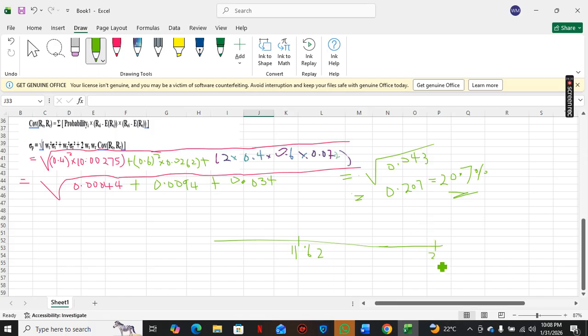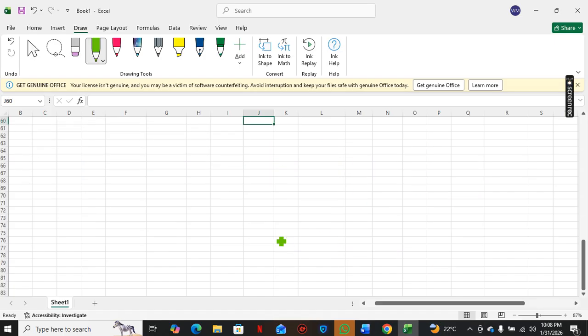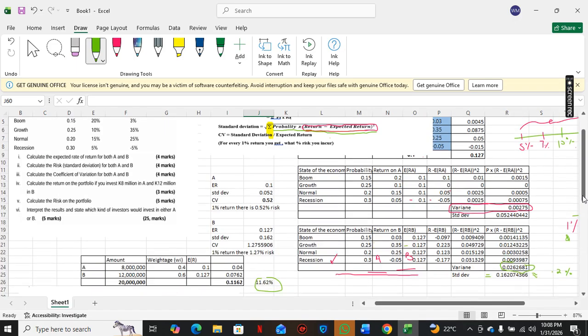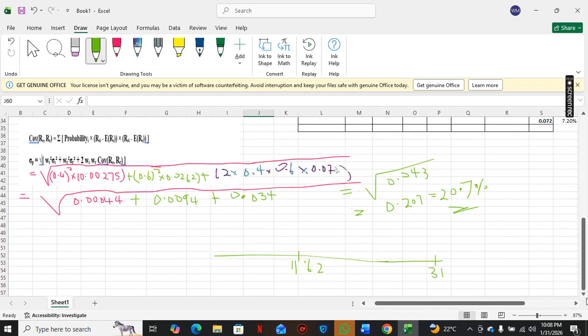That is 31. 11 minus 20, negative. I've just rounded off the 20% to 20 and the 11.